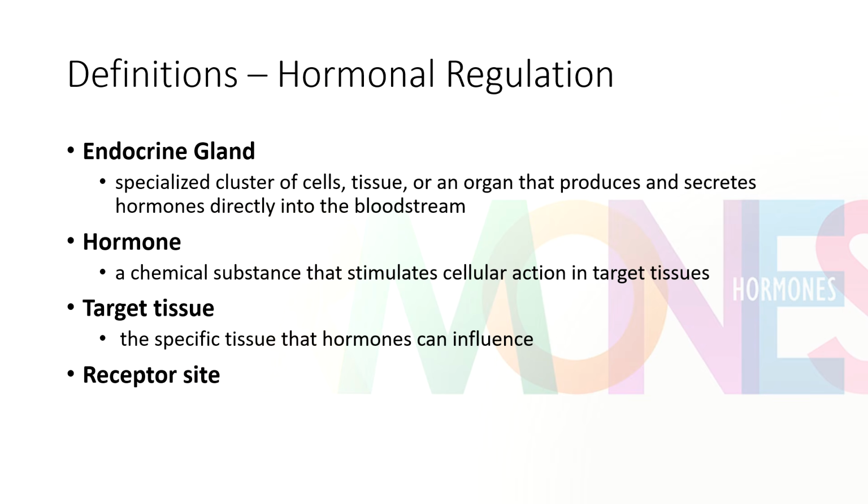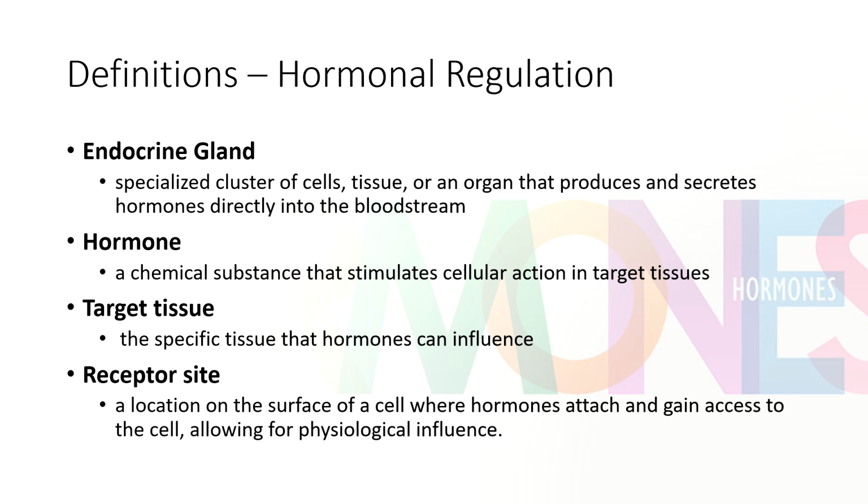The target tissue is basically the specific place that the hormones are influencing. So here we are looking at moving the blood sugar from the bloodstream into the cells so that we have energy to function. The receptor site is the location on the surface of a cell where the hormone attaches.